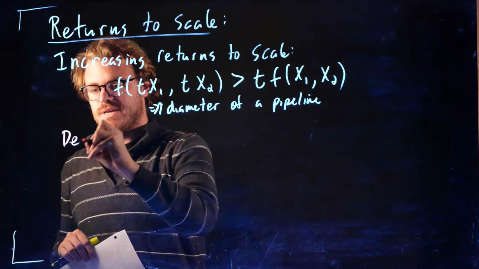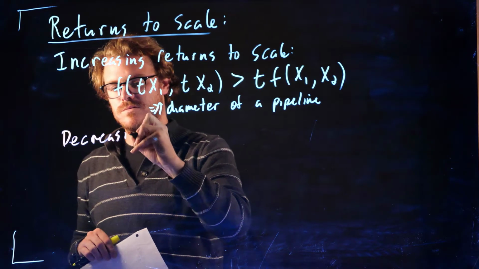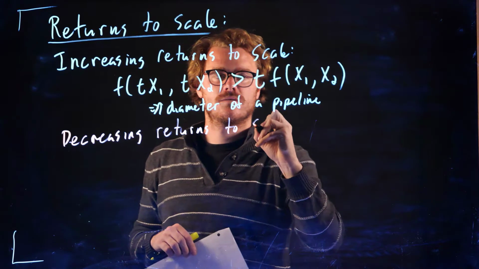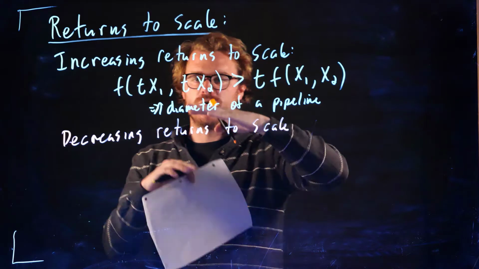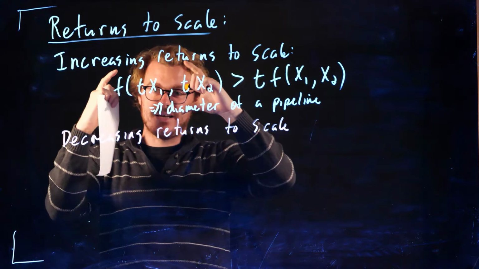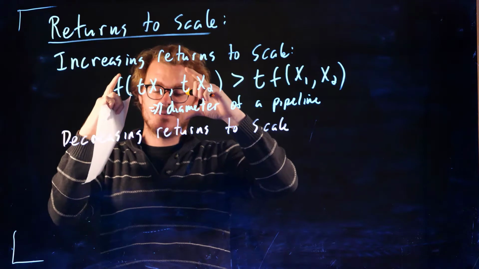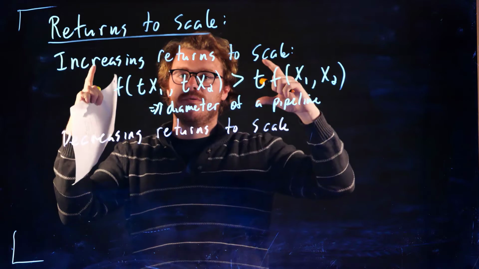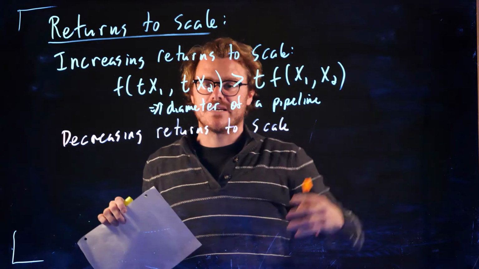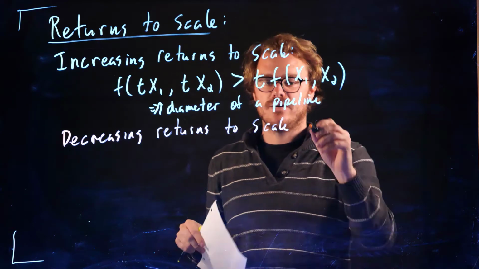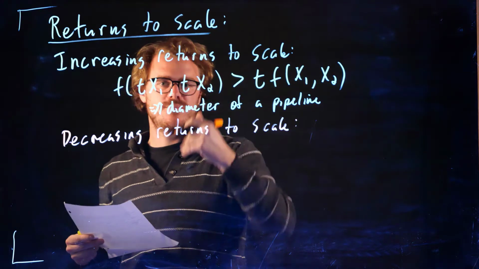Decreasing returns to scale. If we double the size of a pipeline, we get more than double the amount of product that can flow through it, is the idea. So decreasing returns to scale, what that looks like is going to be the opposite, right?